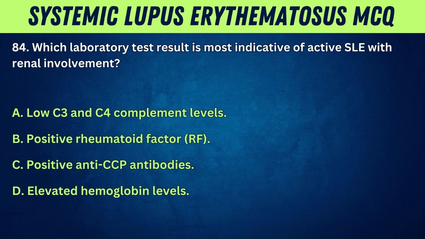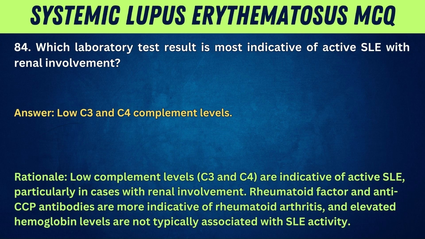84. Which laboratory test result is most indicative of active SLE with renal involvement? A. Low C3 and C4 complement levels. B. Positive rheumatoid factor, RF. C. Positive anti-CCP antibodies. D. Elevated hemoglobin levels. Answer: low C3 and C4 complement levels.